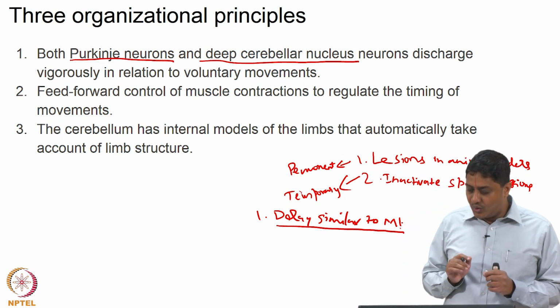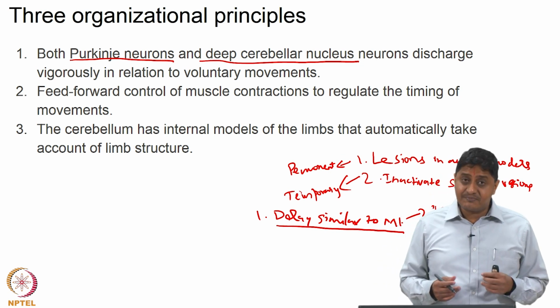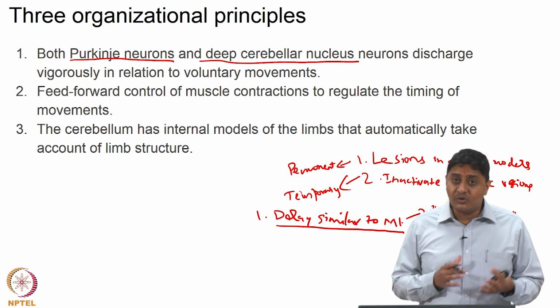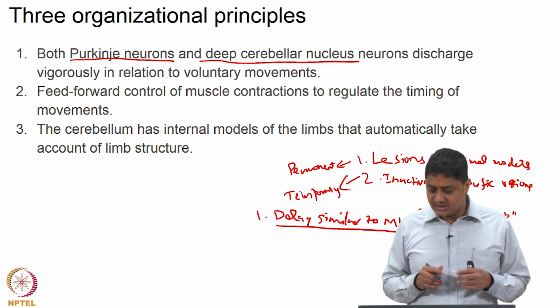The answer is no. It turns out that the cerebellum forms a recurrent loop. The cerebellum forms, or at least it forms part of, a recurrent circuit synchronous with motor cortex to modulate movements.